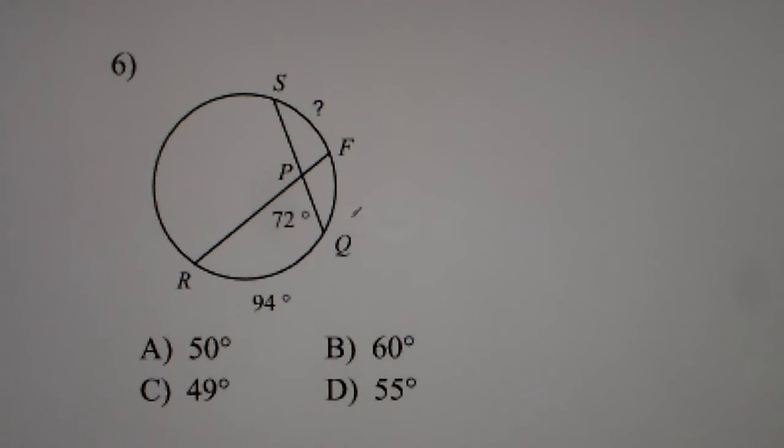Again, number 6. We're given that angle on the inside. And our goal is to find now the red one, this red arc up top. We're also given the blue arc, 94. To do this, I do the averaging thing. So we do question mark plus 94 divided by 2 is equal to 72.